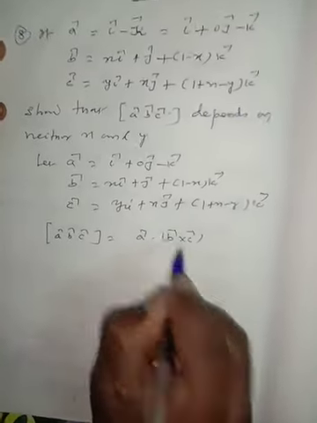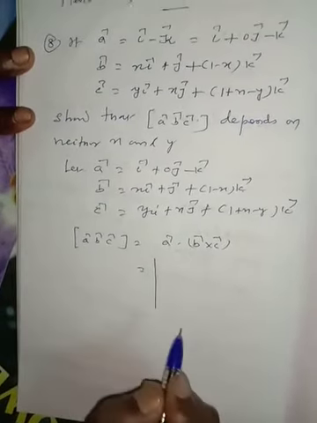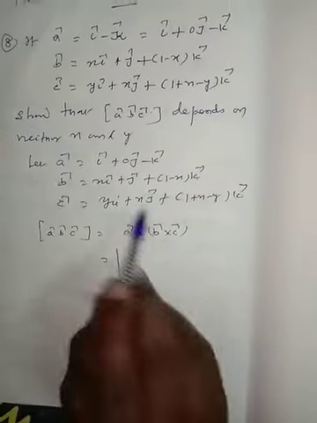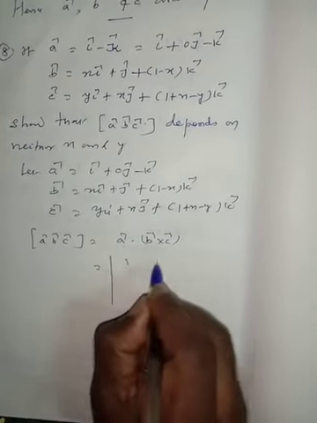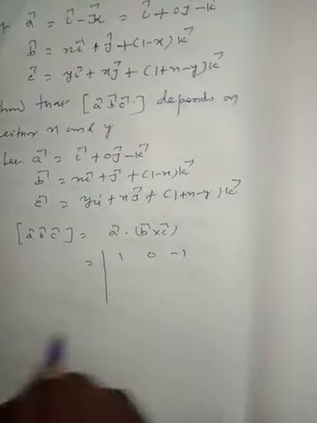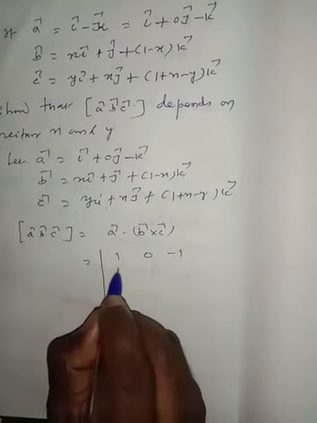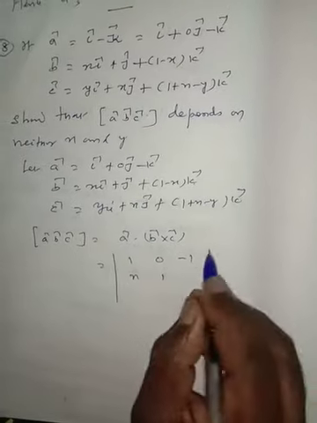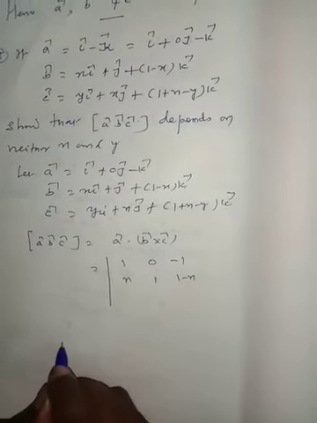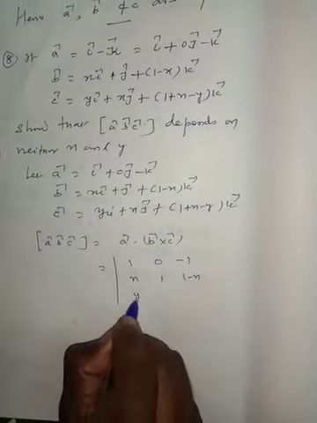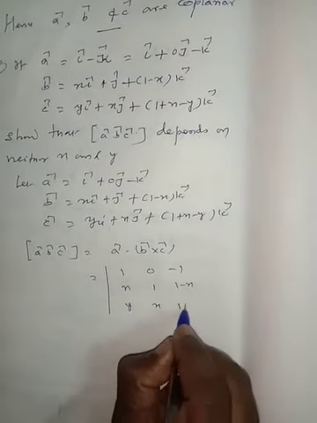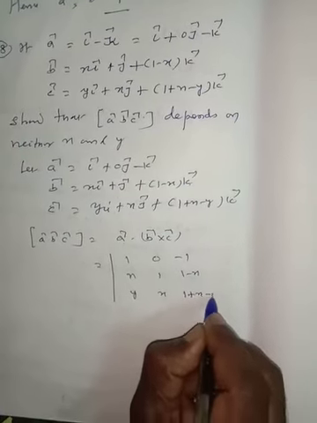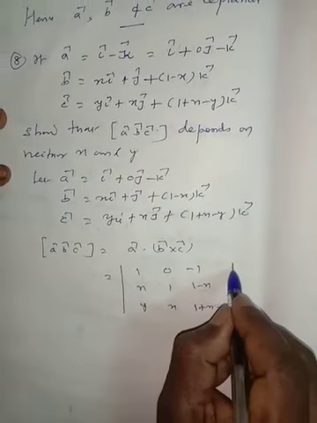Is equal to determinant of coefficient of i j in first vector 1 0 minus 1, second x 1, 1 minus x, third y x, 1 plus x minus y.